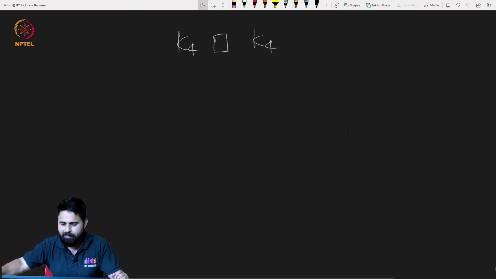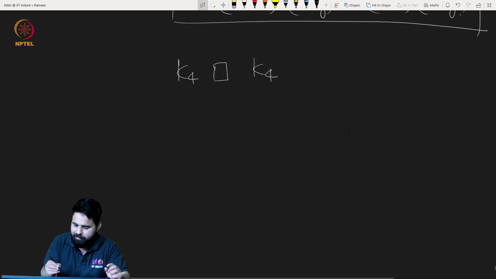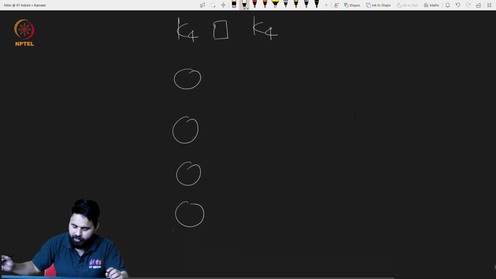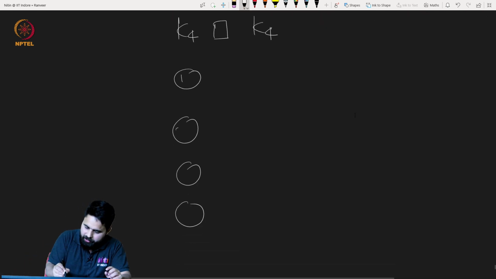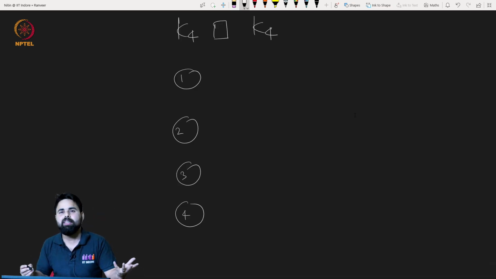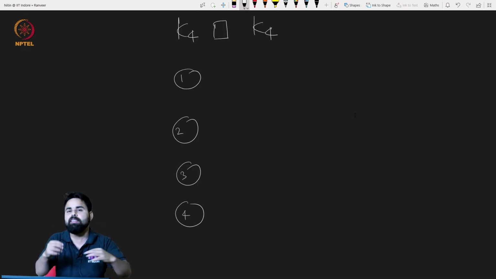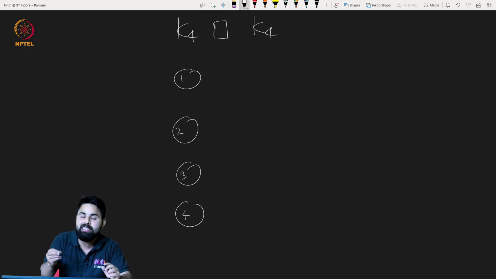The picture will be slightly clumsy because there will be many vertices here. Suppose these are 4 vertices here. Let me first name them 1, 2, 3, 4. These correspond to just one copy. Now in this way, because this is the Cartesian product of K4 cross K4, there will be 16 vertices.